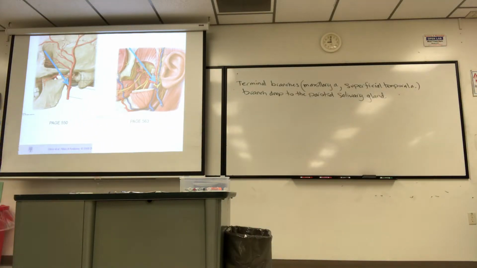The blue arrow is pointing to that same place where they branch, deep to the parotid salivary gland. And that's the end of the external carotid when it branches into those two things.